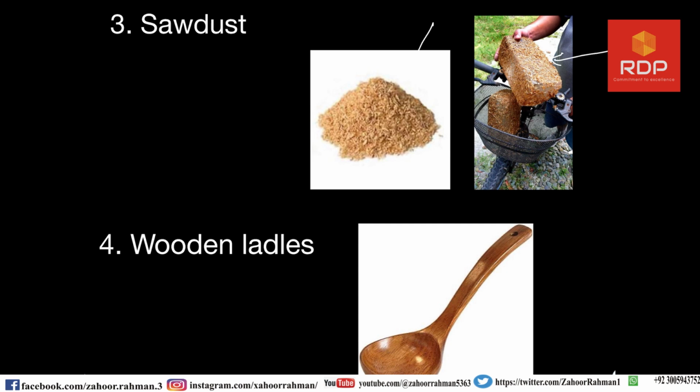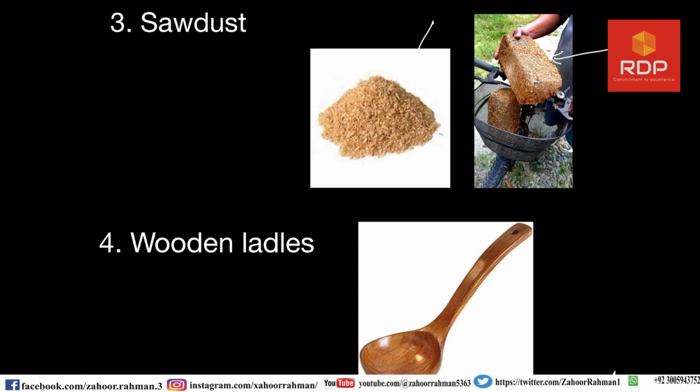If it was of steel, then that would be difficult to pick up and put in the plates. So wooden ladles, because they are good insulators, we are using them in our daily life as well.